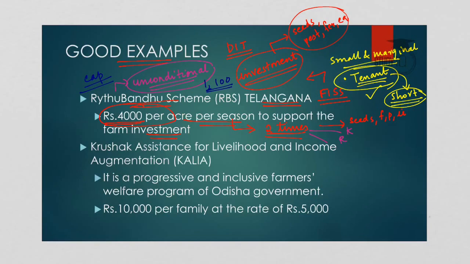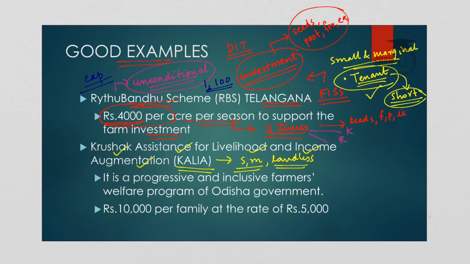Now coming to the second scheme, that is the KALIA scheme, and this has been implemented by the Odisha state government. KALIA stands for Krishak Assistance for Livelihood and Income Augmentation. Under the KALIA scheme, the government aims to empower the small and marginal farmers, and landless farmers are also included here.